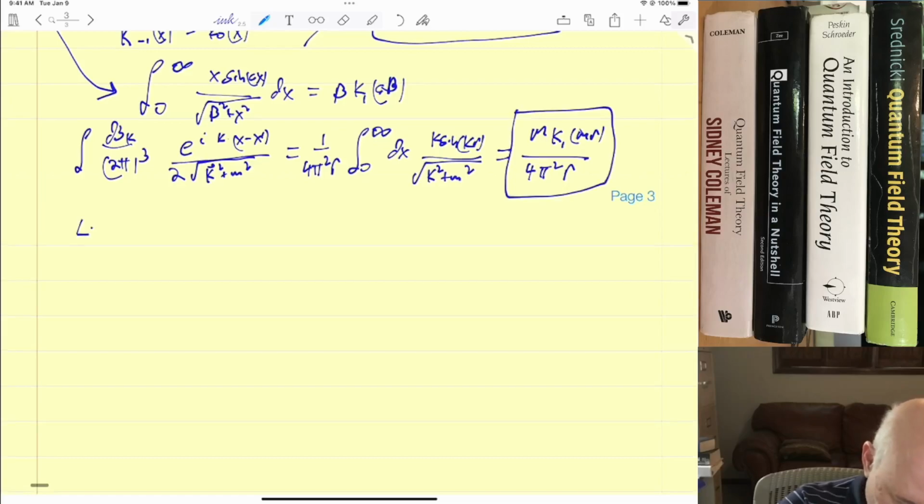Now let's take the limit as m goes to 0. So here, asymptotics, I found it easily in Jackson, Classical Electrodynamics, second edition, page 108. You can use the digital library too.